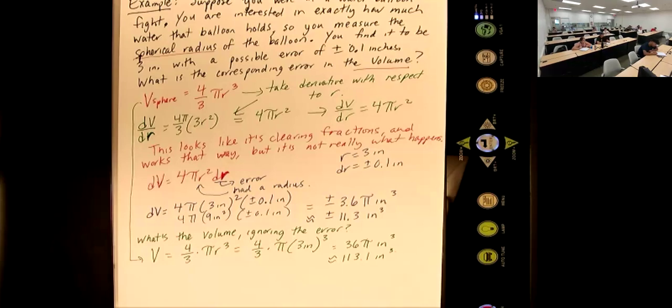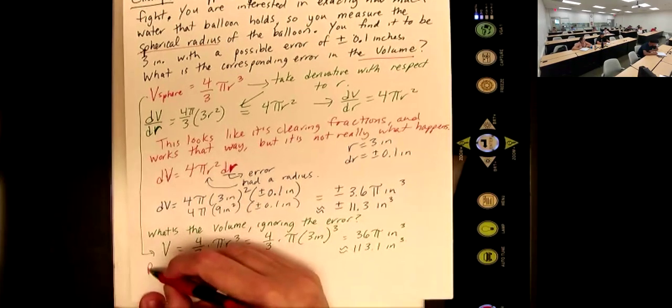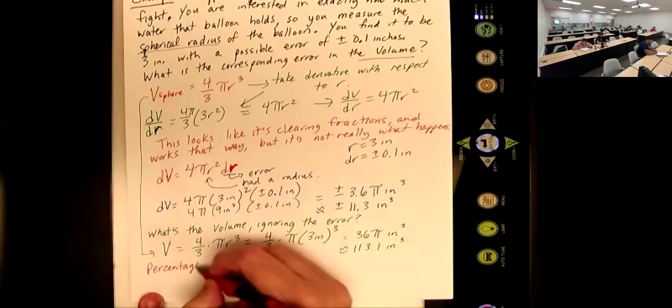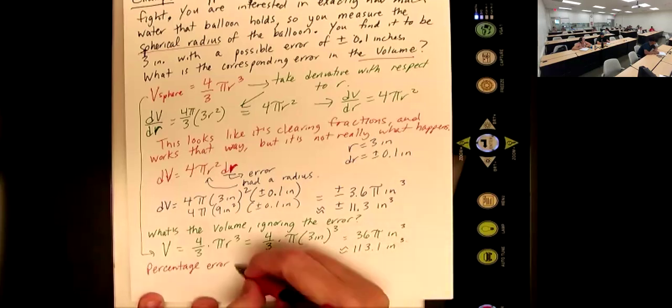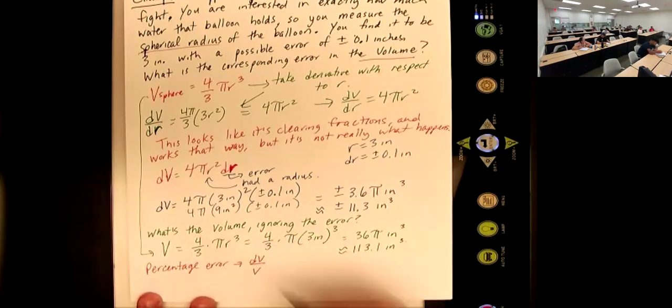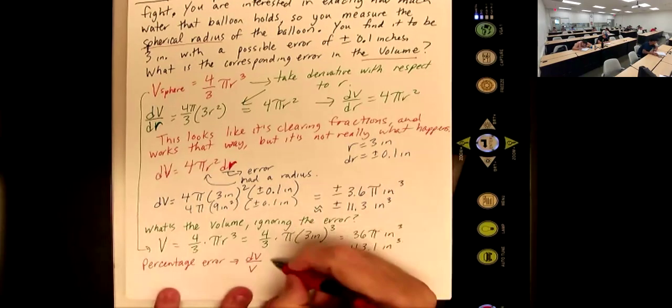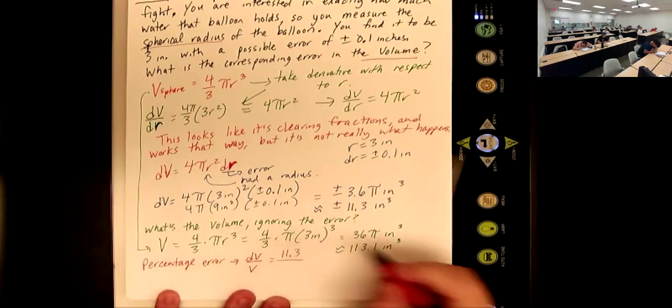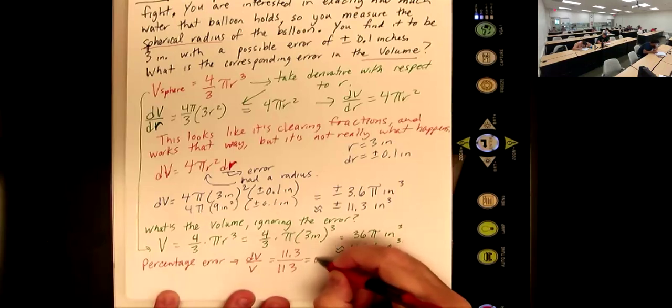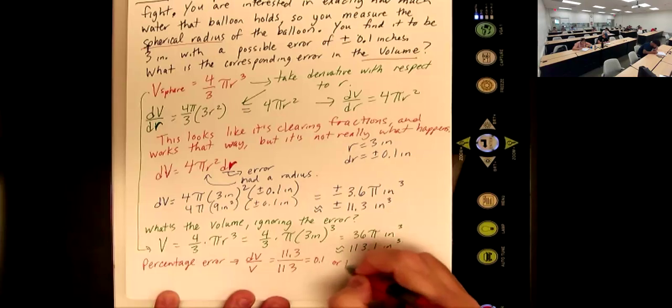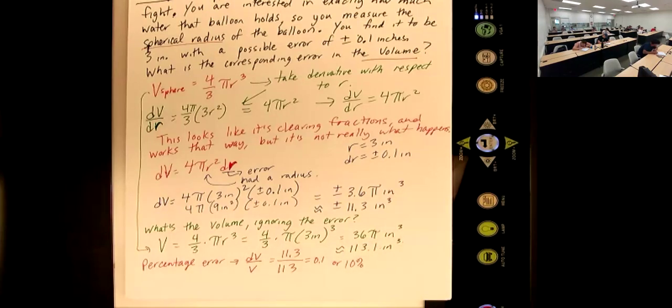To figure out the percentage error here, we're going to do dV over V. So 11.3, I'll just round that to 113 over 113 is 0.1 or 10%. Doing that in my head, that seems right though. Yeah, 10%. Seems like a lot of error.